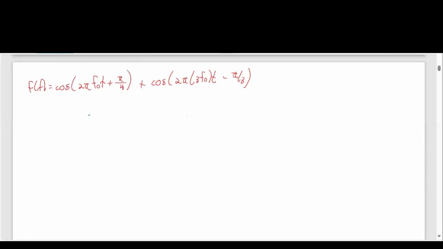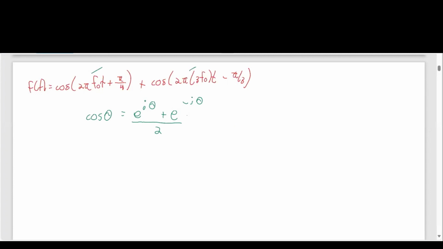As we learned last video, we know cos theta, where theta is whatever is inside the bracket, or the angle, the bracket part with the cos, to make it simple, is equal to e to the j theta plus e to the minus j theta, all on 2. So we just need to rinse and repeat this for this piece here and this piece here. All right, so let's get on to it.